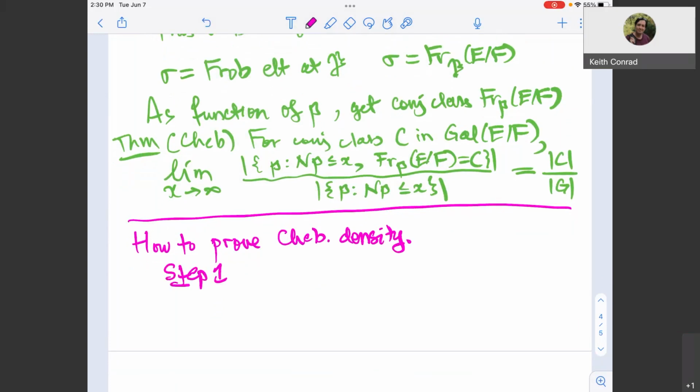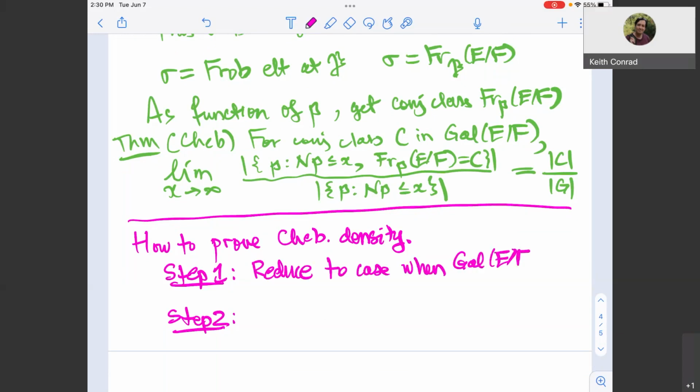Big picture, there are two steps. Step one is start, step two is end. So the first step is a reduction step. Let me tell you what the steps are, and I'll make some comments on it. We're going to reduce the general theorem that I just stated to the case when the Galois group is abelian.